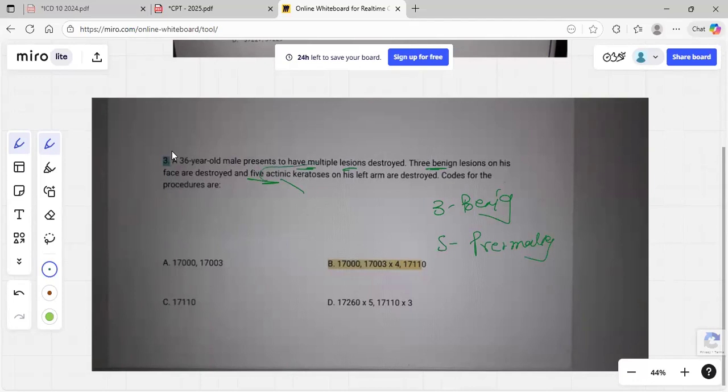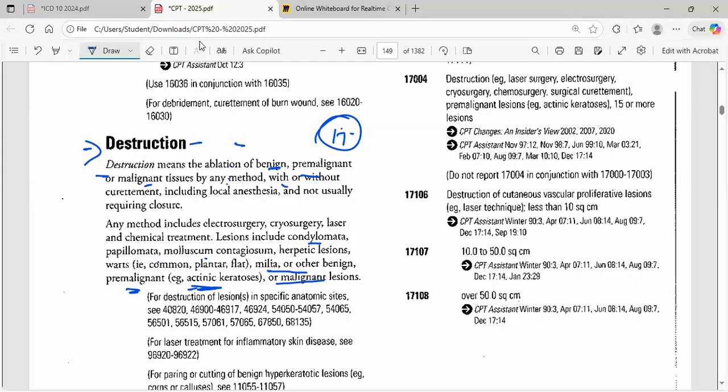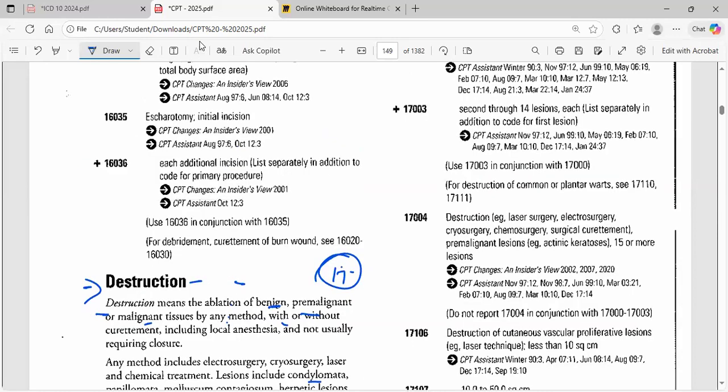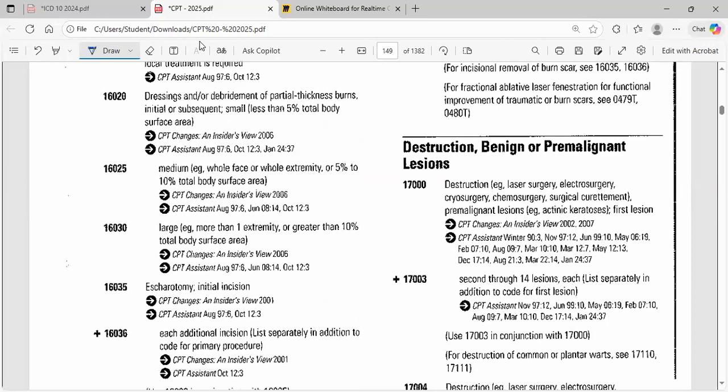How have we identified that actinic keratosis are pre-malignant? Based on the instruction given here that pre-malignants are actinic keratosis. Now we have to find the code. So let's find out the code for the pre-malignant lesion first. So here we have the destruction code for the pre-malignant. For the first lesion, we have to use 17000, and for each additional lesion, we have to use 17003 till 14 lesions.